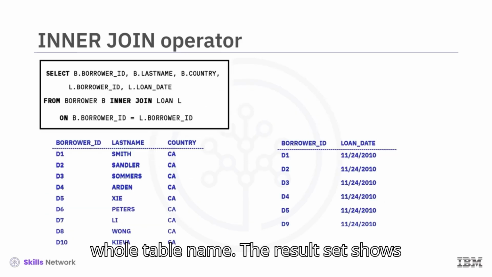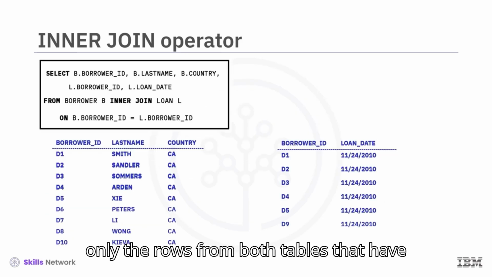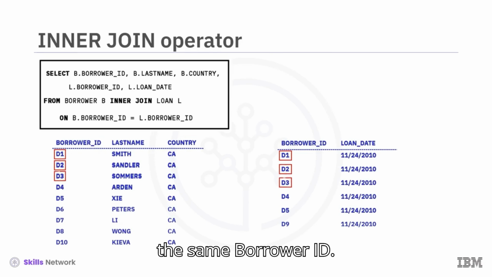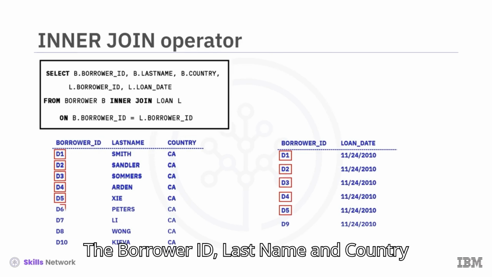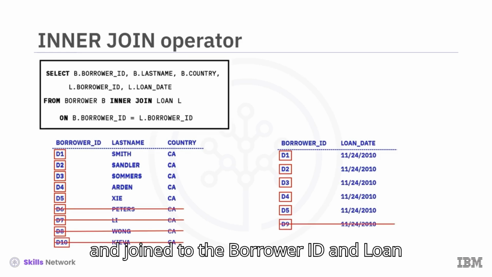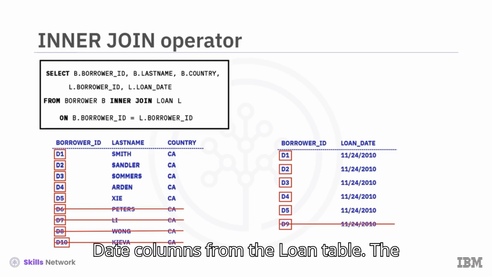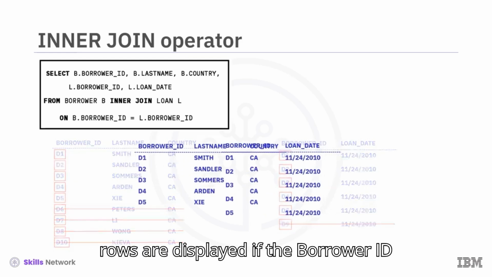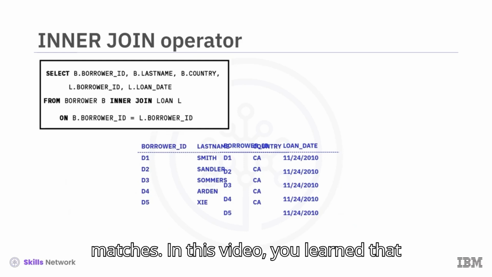The result set shows only the rows from both tables that have the same borrower ID. The borrower ID, last name, and country columns are taken from the borrower table and joined to the borrower ID and loan date columns from the loan table. The rows are displayed if the borrower ID matches.